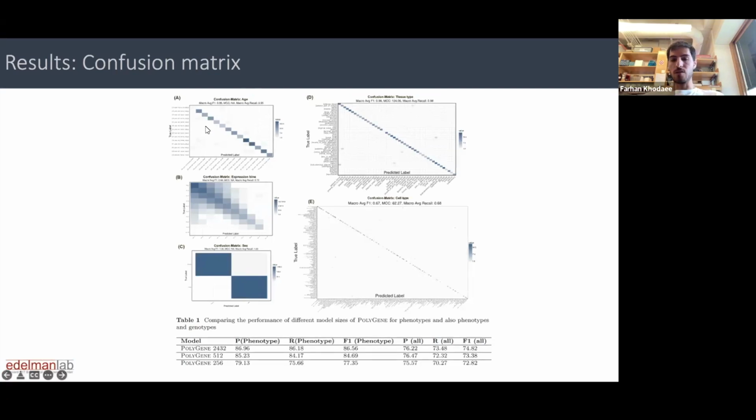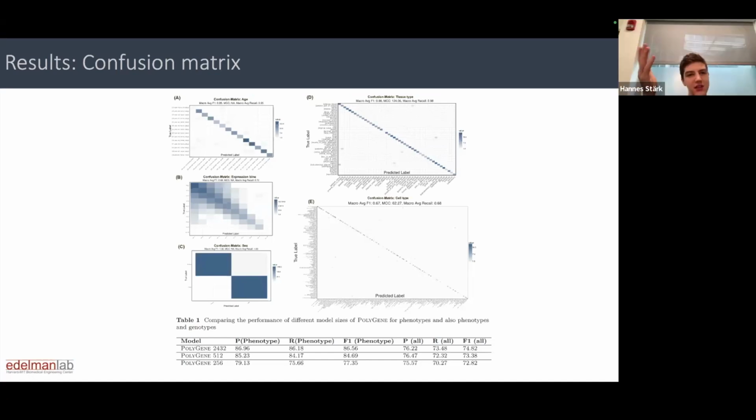But age is not easy. It's not only one gene that goes up and one gene that comes down that shows this is age. There is a more intricate relationship between gene expression. That's the hope that we're trying to show. Yeah, but I understand. I mean, you don't only have gene expression as input, right?